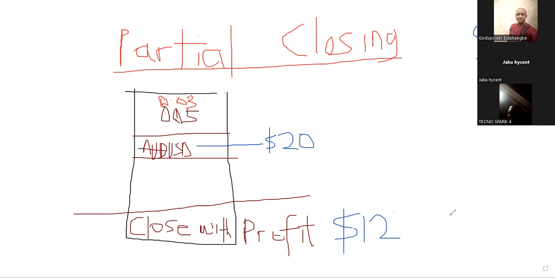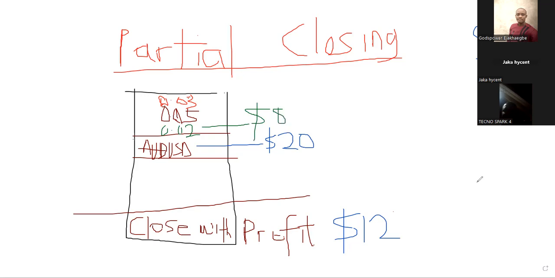Now you have the remaining lot size running in the market, which is 0.02. This 0.02 means that $8 is running.